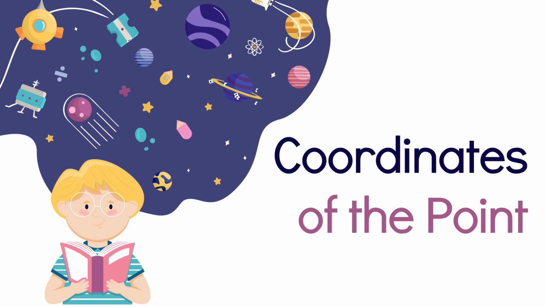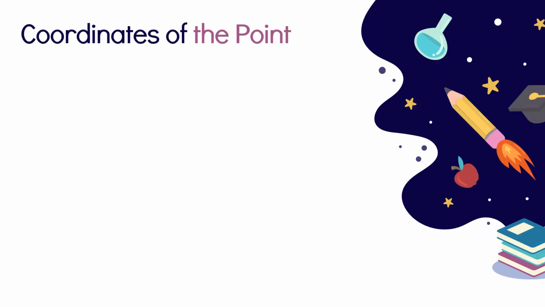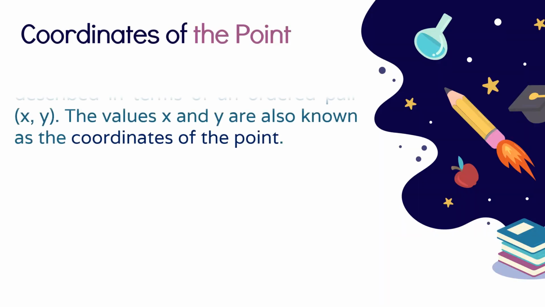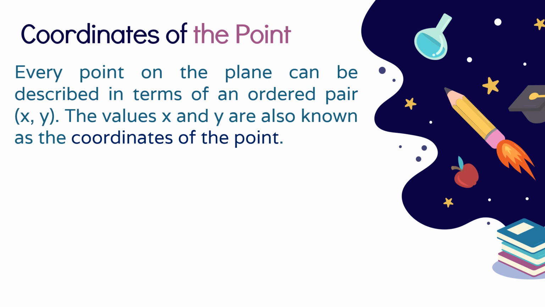It is also important to have the coordinates of the point. Every point on the plane can be described in terms of an ordered pair, (x, y). An ordered pair is a pair of numbers used to locate a point on the coordinate plane.